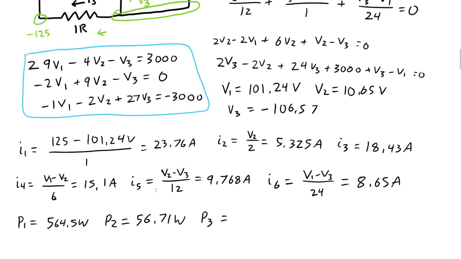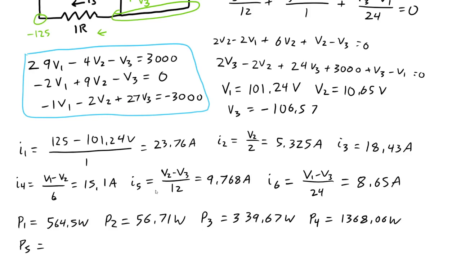Yeah. So just square the current, and we end up with 339.67 watts. P4, 15.1 amps squared times 6 ohms is 1368.06 watts.